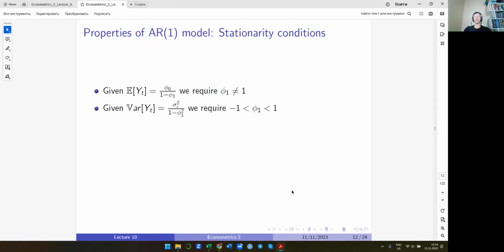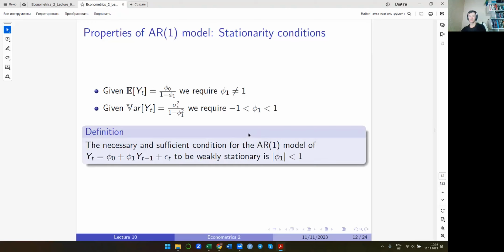So, again, regarding the properties, what are the conditions of stationarity of the AR1 model? Now we assumed that this is stationary. But assuming that this is stationary, we constructed the properties of this series. And after the construction of these properties, we can impose some restrictions. If phi1 is not 1, and if phi1 is bounded between minus 1 and 1, then this is a necessary and sufficient condition for the AR1 model to be weakly stationary.